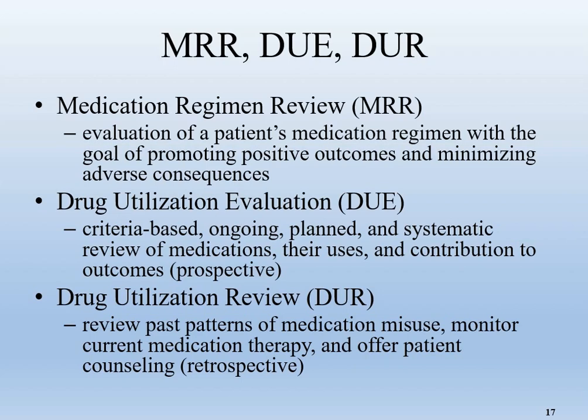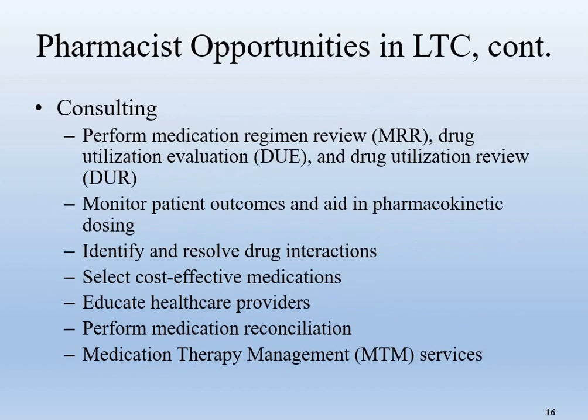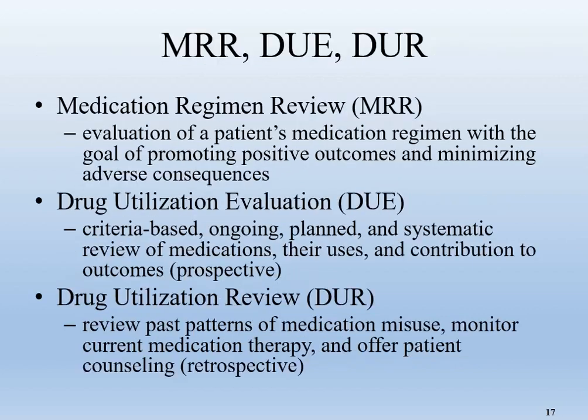MRR, DUE, and DUR. I spoke about that earlier on the first bullet under consulting. Here is more of an explanation of those three types of review. Medication regime review, MRR, is the evaluation of a patient's medication regime with the goal of promoting positive outcomes and minimizing adverse consequences.